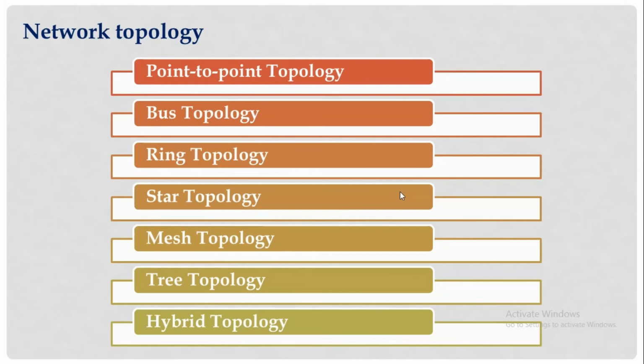Whenever you have to connect a computer to a network, or many different computers to a network, depending upon the variety of application, there should be some connection procedure. That connection procedure we term a network topology.